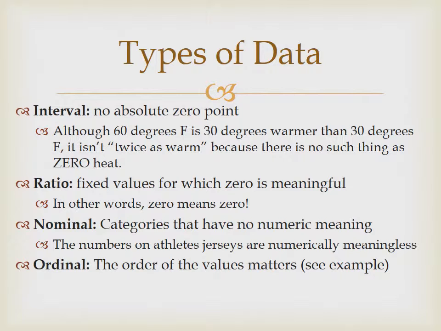And so when it comes to ratio data, you can say that, for example, 30 is to 60 what 50 is to 100, because 50 is half of 100 and 30 is half of 60. And so those are ratios that I'm speaking about. And so therefore we can remember that that is ratio data.